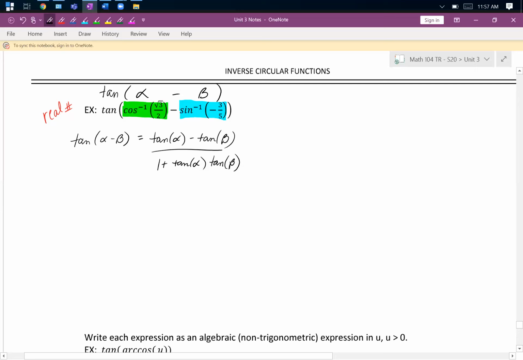We're going to have to use cosine inverse of square root of 3 over 2, and figure out what tangent of that is. All right, we'll make a little triangle. And then we'll make a triangle for the blue, for the beta, sine inverse of negative 3 over 5. And then we'll find the tangent of that triangle. And then we'll take those two values, plug them into this formula, and clean it up. So I'll start with the green.